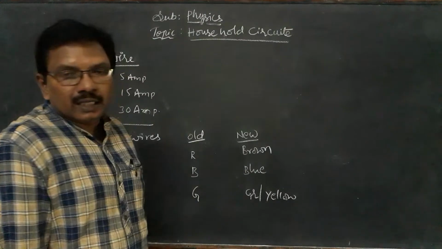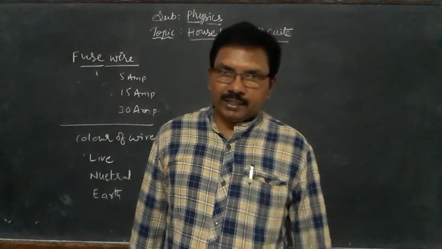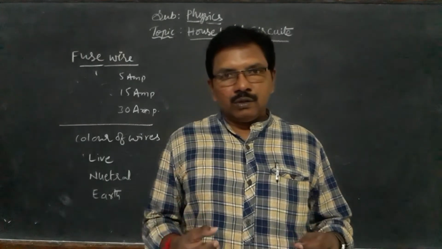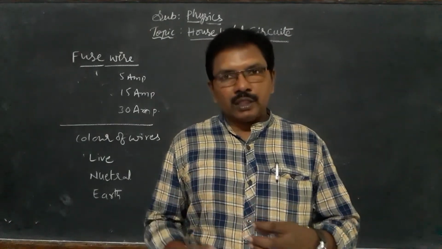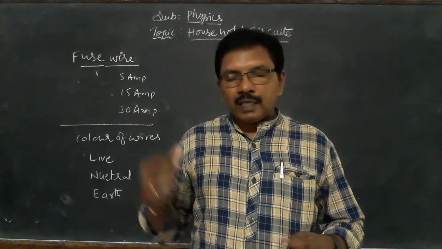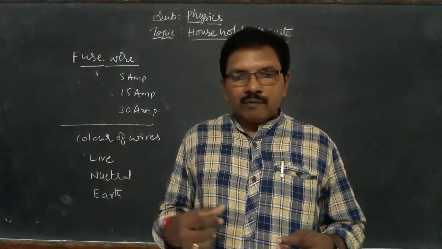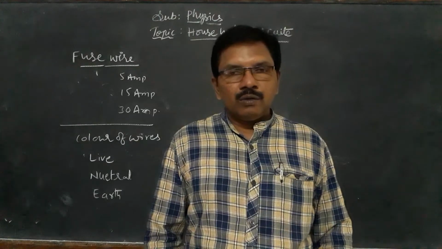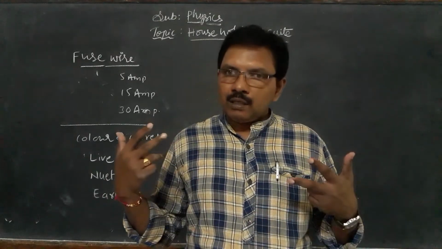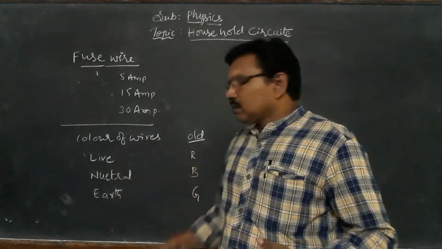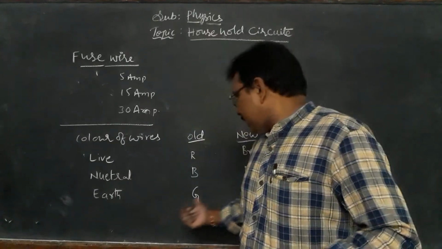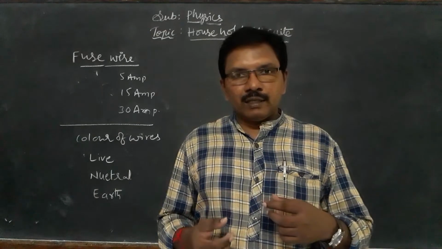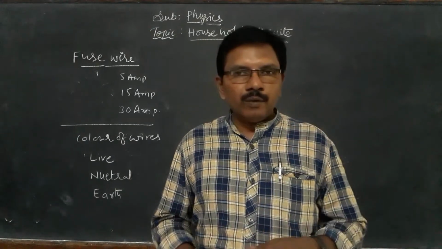Why are these colors given to different wires? When we are connecting a household circuit, if we don't know the color of the wires, we may connect them in different ways, the live, neutral and earth wires. For a proper connection, we must know the color of the wire.